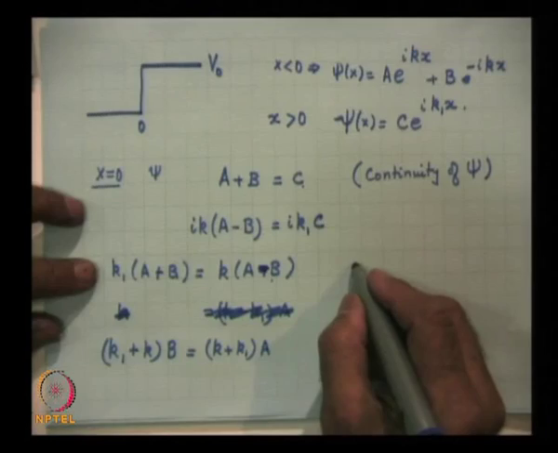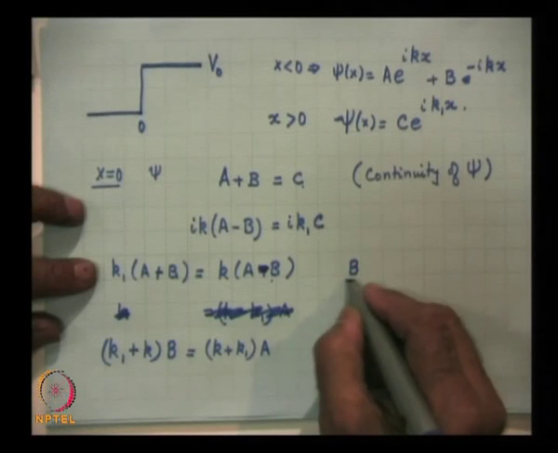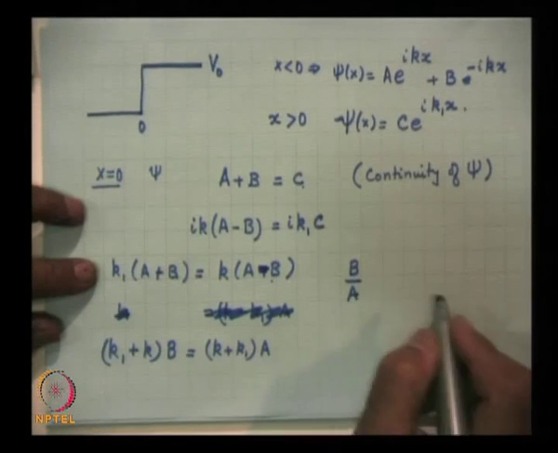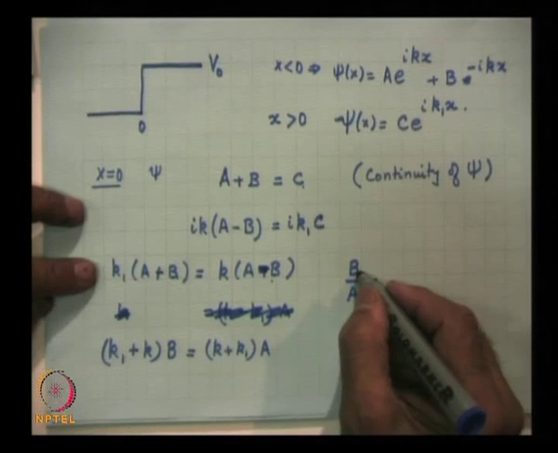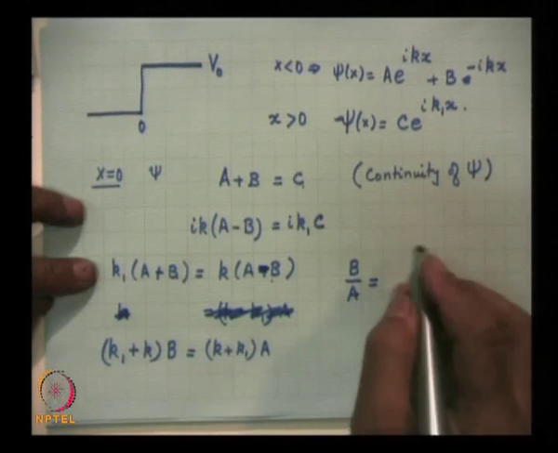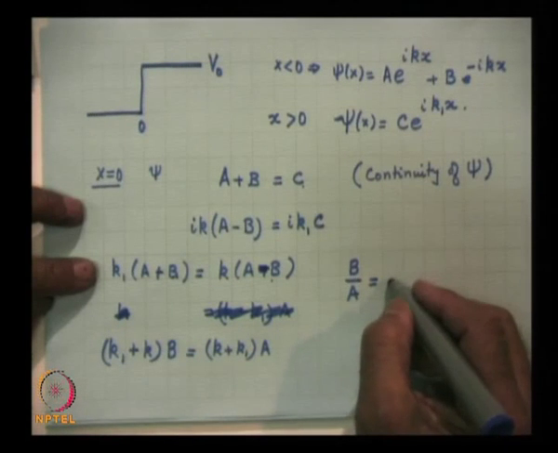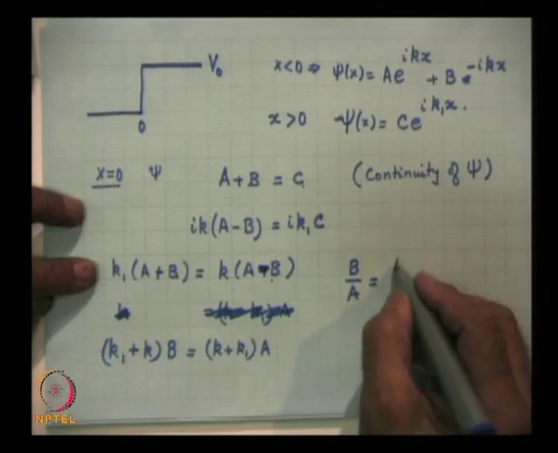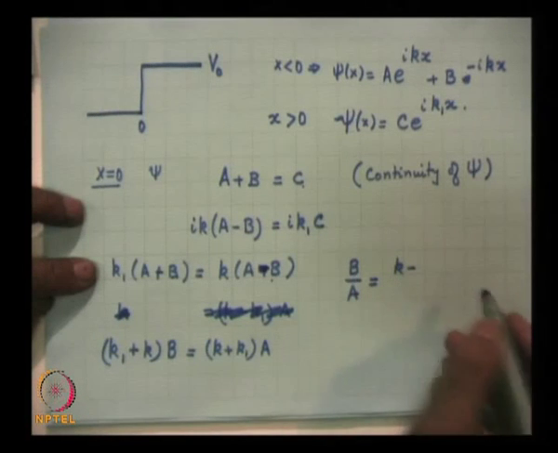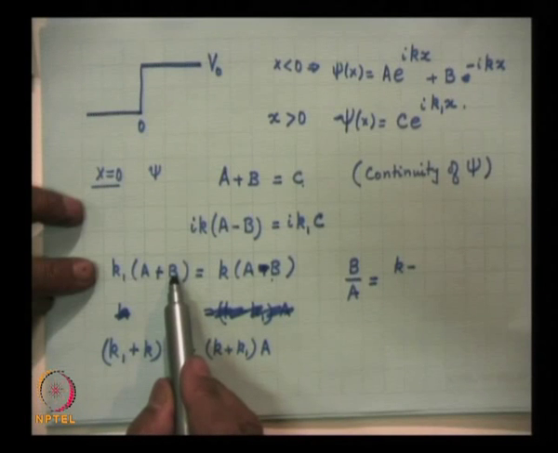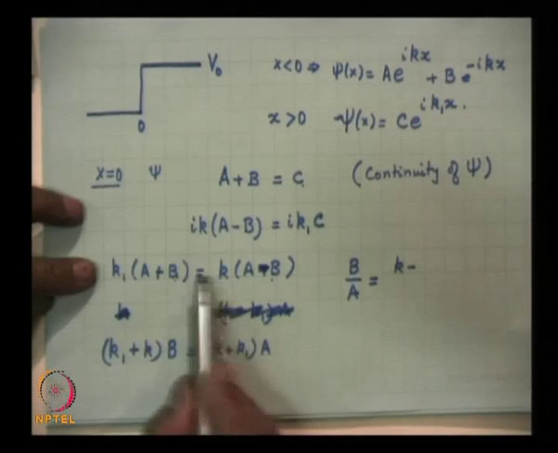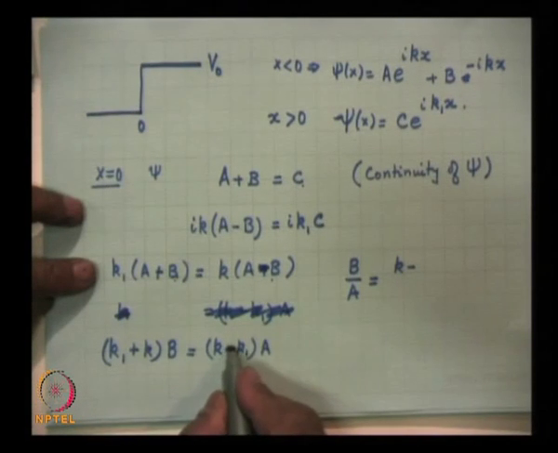So this gives me b by a, the amplitude of the reflected wave over the amplitude of the incident wave. I again made a mistake. So b into k1 plus k will be equal to k minus k1 into a.